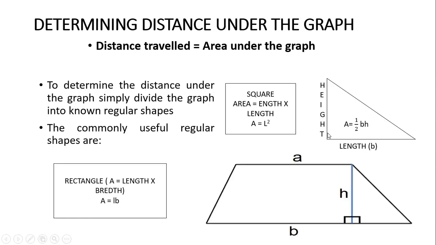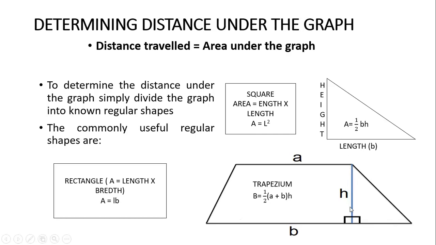The other shape that you have to know about is what we call a trapezium. Now a trapezium has got these sides. This shorter side will be called A, then the longer side from one end to the other end is called B. Then the perpendicular height, if it's not there, you can draw it yourself.